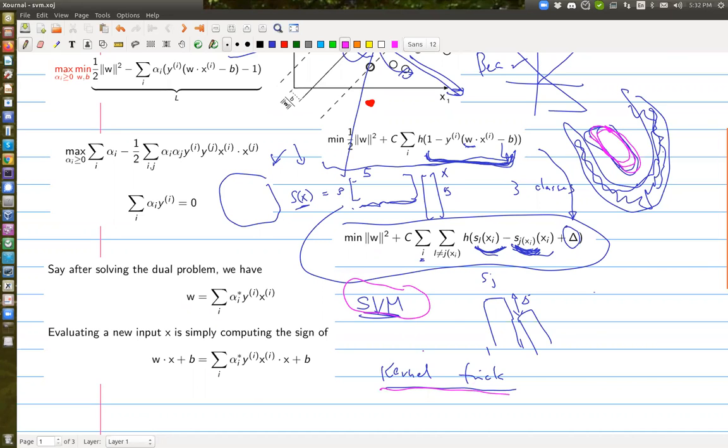We don't actually use SVM directly. We always apply SVM by first projecting. Intuitively, we're projecting the feature x into some high dimensional space.